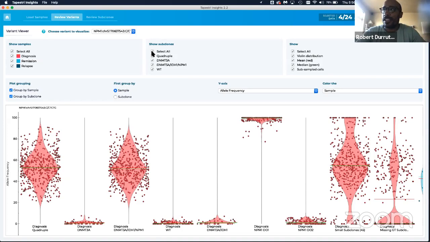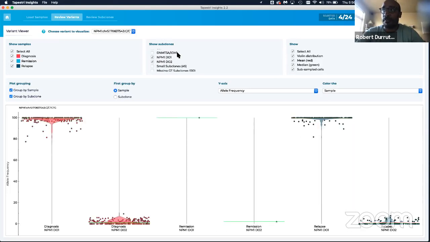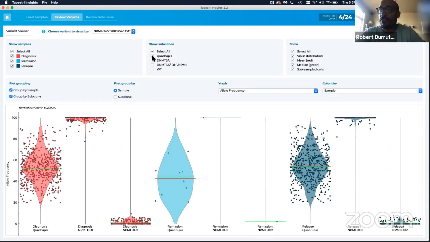Number one, I only want to show the clones that I care about for this particular type of analysis. So obviously my 2 potential dropout clones. And in addition, I need a reference clone, the one that I suspect my dropout clone drops out from. That will be my quadruple clone, because it's heterozygous, quadruple mutant in all 4 mutations.